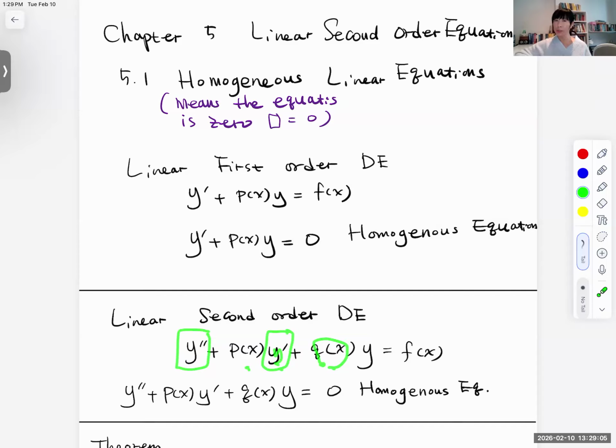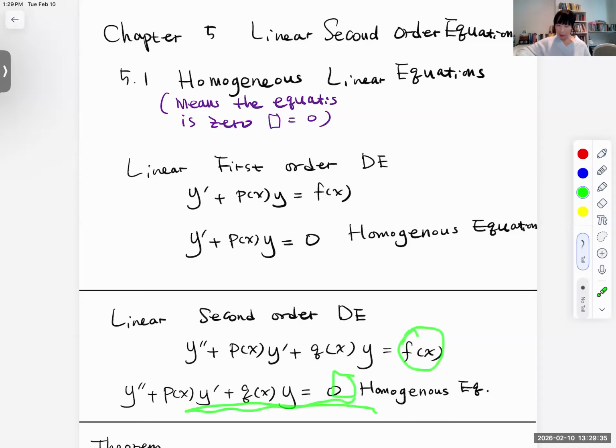We are just using different notation, p of x, q of x, but we can use any letter, any variable. Then y equals f of x. And if we want to express this as a homogeneous equation, then f of x must be equal to 0, right? So we have a homogeneous equation.